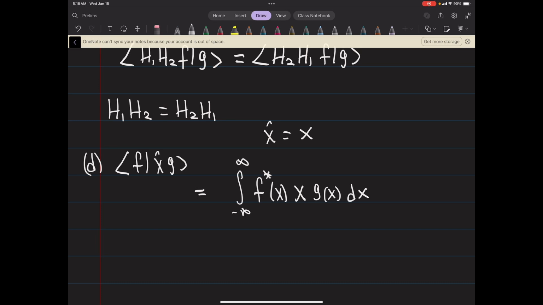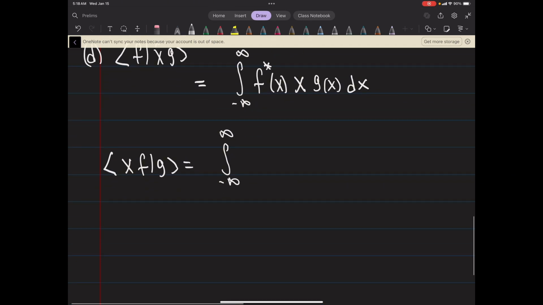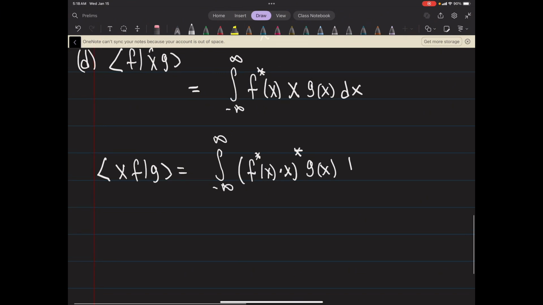At the same time, this is equal to, again, it's an inner product, so it's defined very similarly. The only difference is now x is in the bra instead of the ket. But x doesn't have any imaginary component to it.